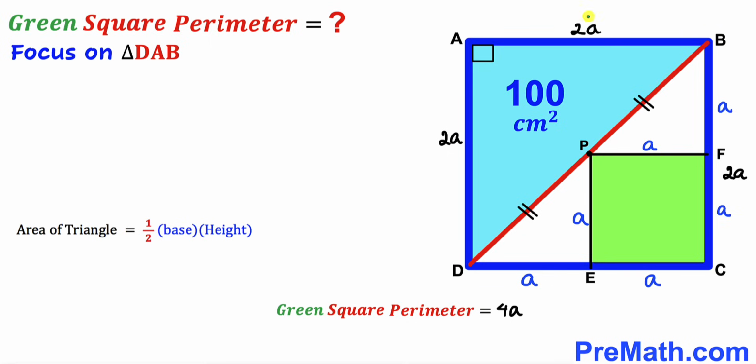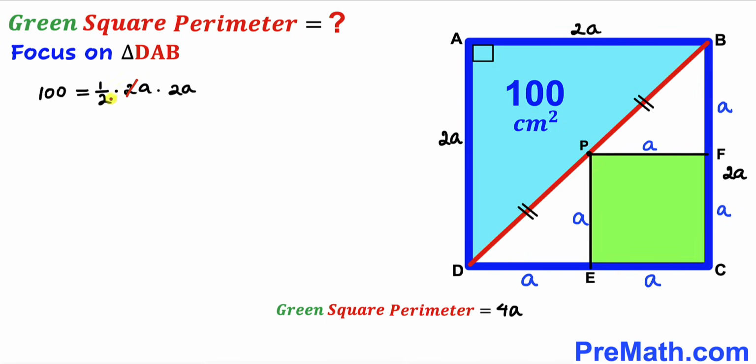And in our case, the base of this triangle is 2 times a, and likewise the height is 2 times a as well. And the area is 100. So let's go ahead and fill in the blanks in this formula. So our area of the triangle, 100, is going to be equal to a half times our base, 2 times a, times the height, 2 times a as well.